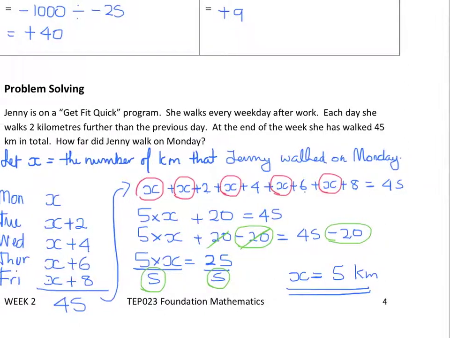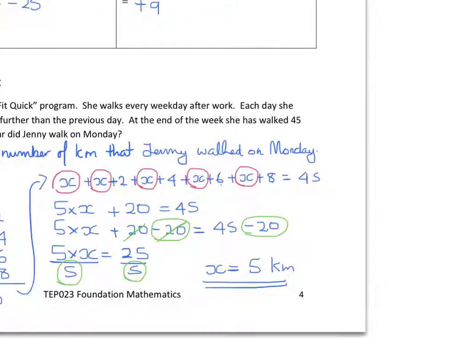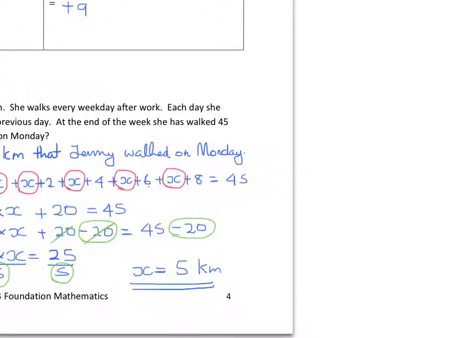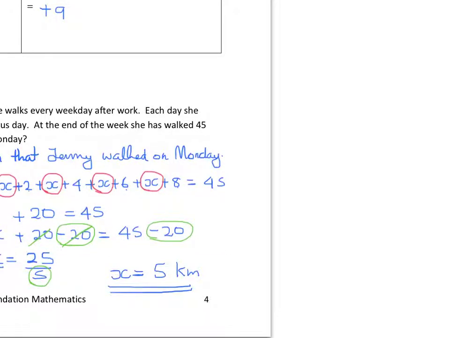So let's just do a little check. Just move this over a little bit. On Monday, Jenny walked 5 kilometres. So let's write that down. Monday was 5 kilometres. Tuesday was another 2 kilometres further than that. Wednesday, another 2 kilometres further, so must have been 9 kilometres.